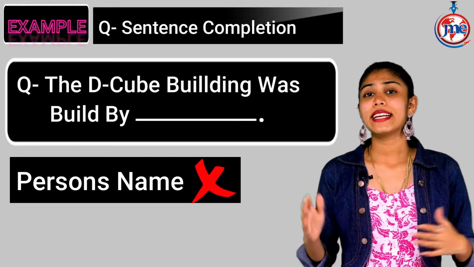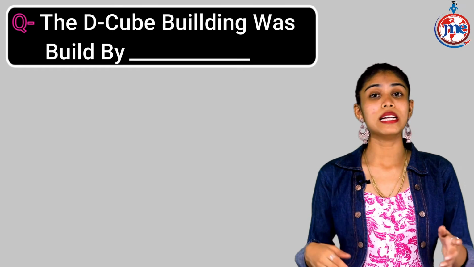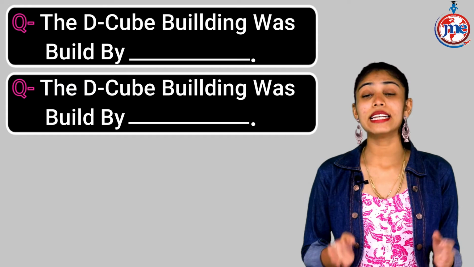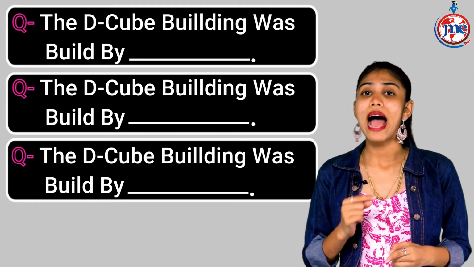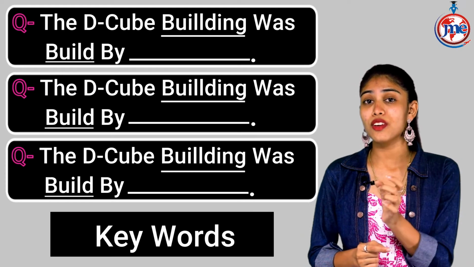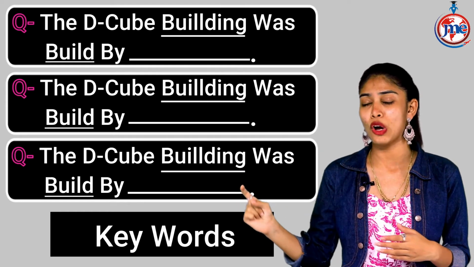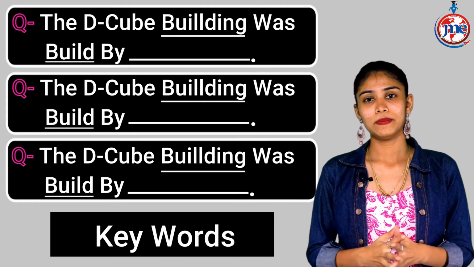But no, it can be a preposition, because IELTS is all about an English language testing exam. So students, it can be like the D-cube building was built by someone, or it may be a company name, or it can also be like D-cube was constructed by dash. So students, all you have to do is just underline the keywords so you can easily find out the answer when the audio is going on, and you have to be accurate while the audio is going on.